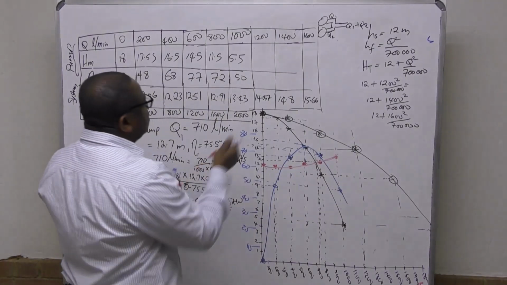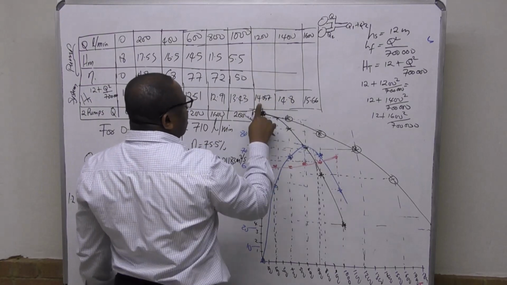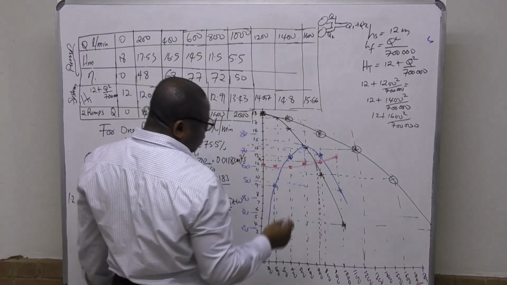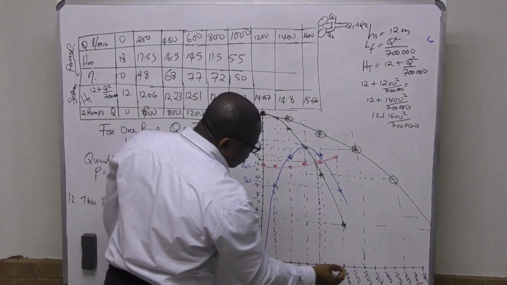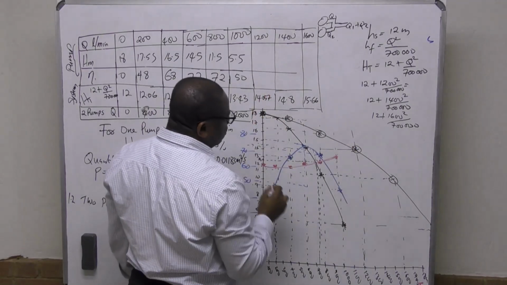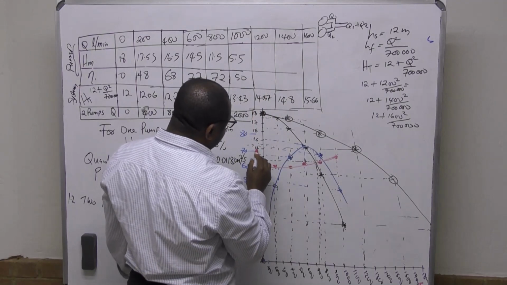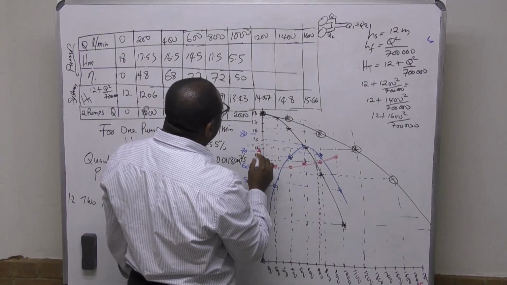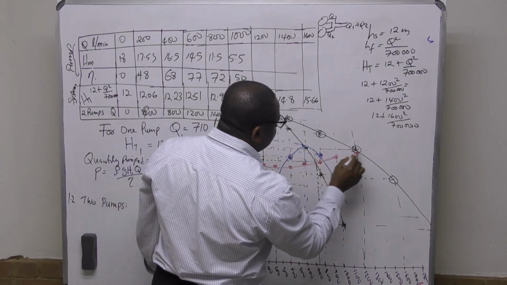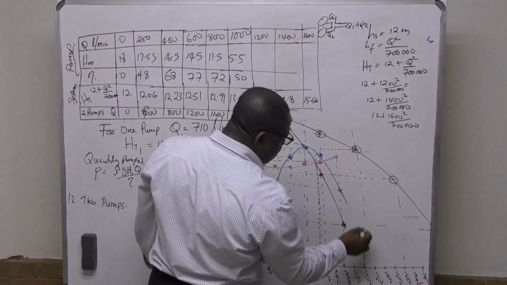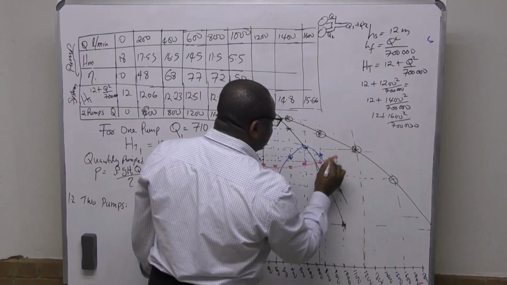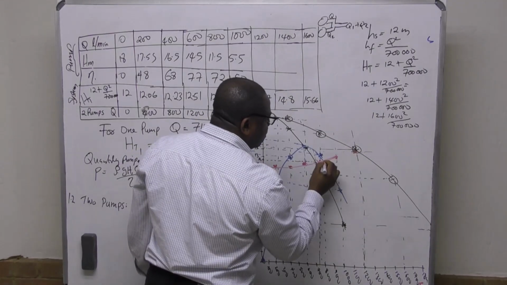So I've just added a flow of 1,200. When you get 1,200, the head is 14.057, which is like 14.1. So it's too small with 1,200. With 1,000, it's here. So this is going like this.